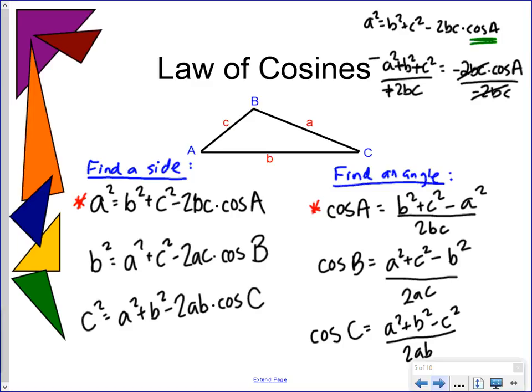Now, hopefully, if you were going through some of those formulas, talking about all the a squareds, b squareds, and c squareds, it started to make you think about what?